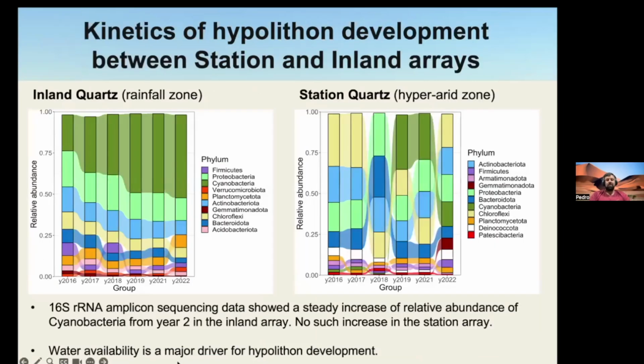To cut a long story short, what we found, which was very striking, if you look at quartz, but marble is also very similar, is that in the arrays in the rainfall zone, we can see this nice progression of cyanobacteria over the years. If you recall, I previously mentioned that cyanobacteria and other photosynthetic microorganisms are, we believe, the pioneers that drive the development of these communities.